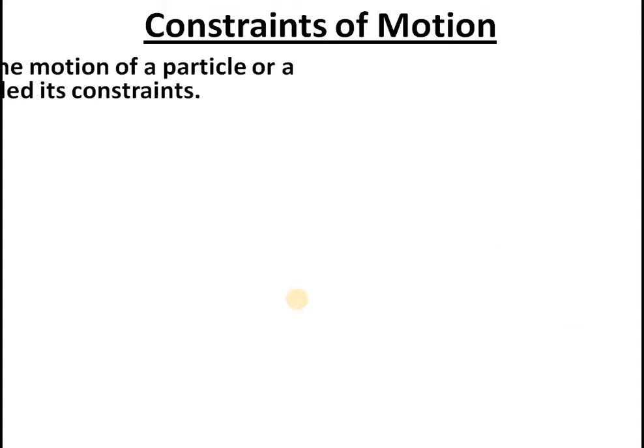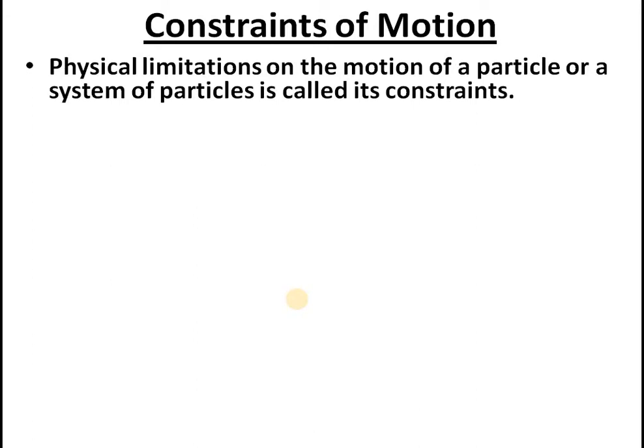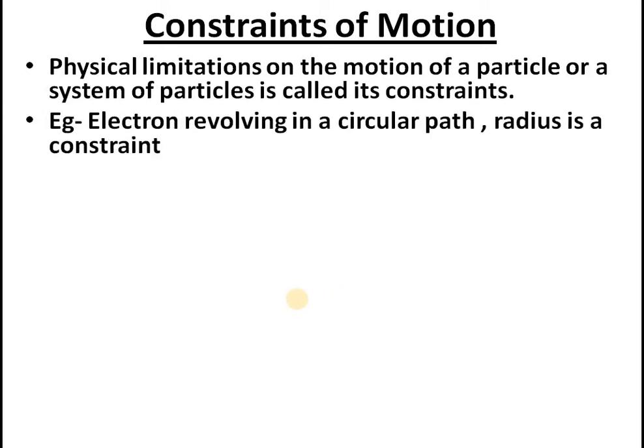And when we discussed degrees of freedom, we said that particles or bodies are restricted, or there is some limitation imposed on them. These limitations are called constraints. The limitation imposed on the motion of a particle or a system of particles is called a constraint.